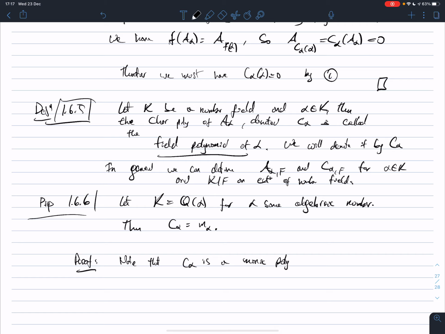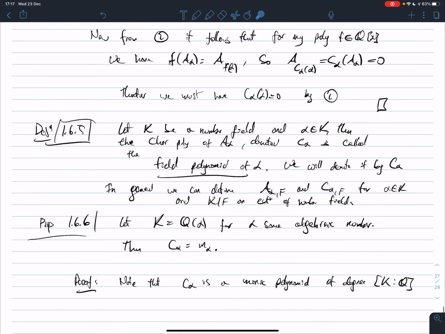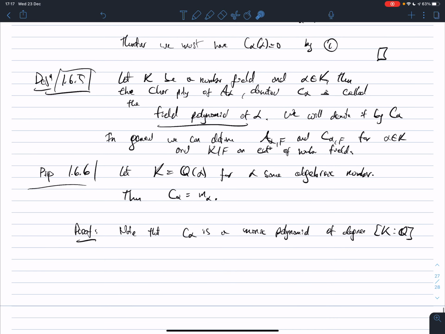It's a monic polynomial of degree K over Q, because A of alpha is some matrix over the basis for K over Q. This basis has this dimension, so if this is n, it's going to be an n by n matrix. And the characteristic polynomial of an n by n matrix has degree n. So this characteristic polynomial has to have this degree.